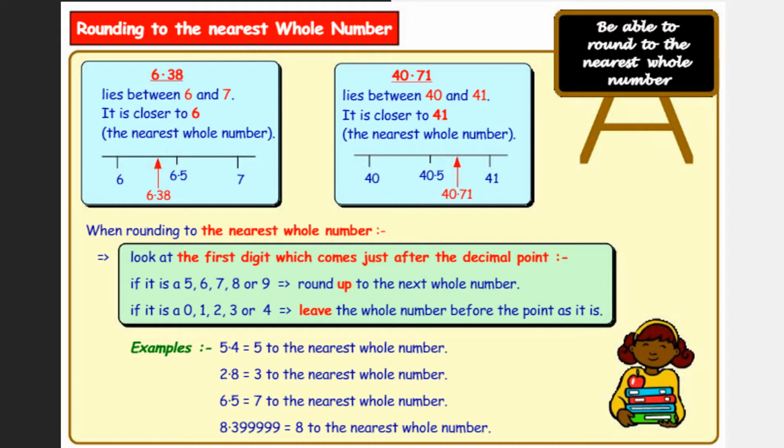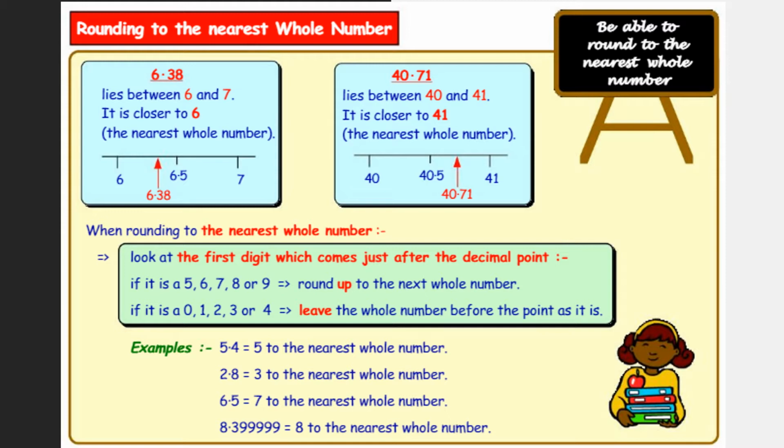Okay, so if you look in the wee blackboard, it says be able to round to the nearest whole number. So here we've got 6.38 lies between 6 and 7. And it is closer to the 6. So the nearest whole number is 6.